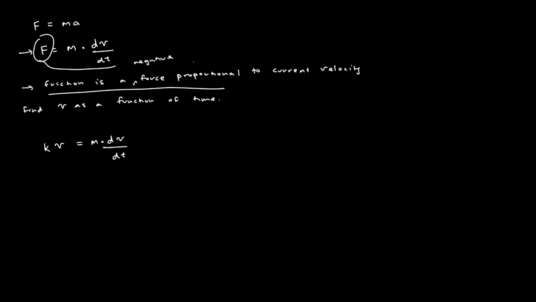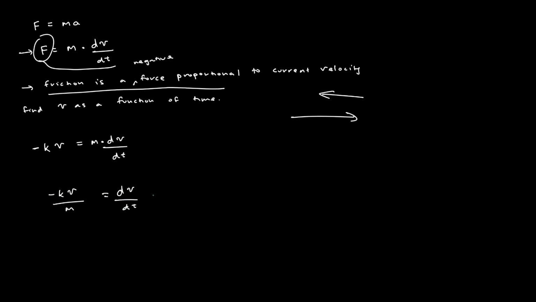If you're traveling one way, friction is acting the other way, so you're getting slowed down. So because it's a negative force, this should be negative k times v. Now we can take mass to one side and we get minus k times v divided by m is equal to dv over dt.